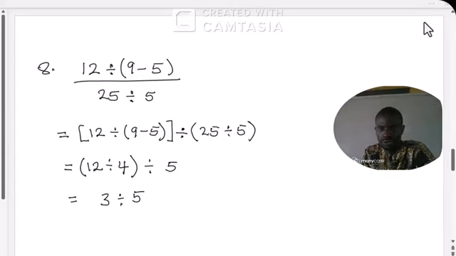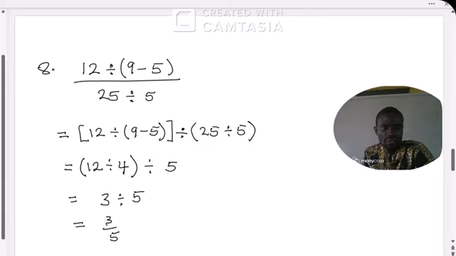So 3 divided by 5 is now 3 over 5. That's the answer.